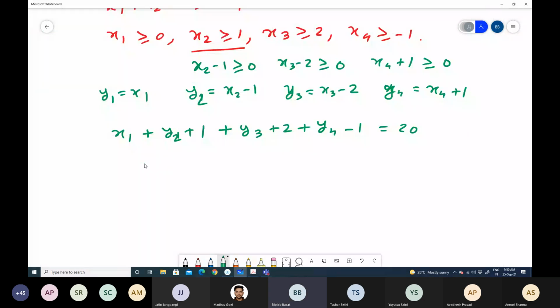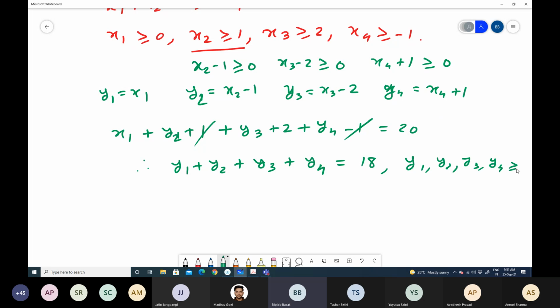Then you have y1 plus y2 plus y3 plus y4 equal to 18, where y1, y2, y3, y4 are all greater than or equal to 0 and are integers.